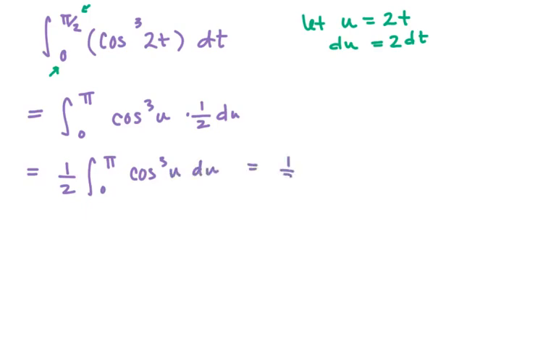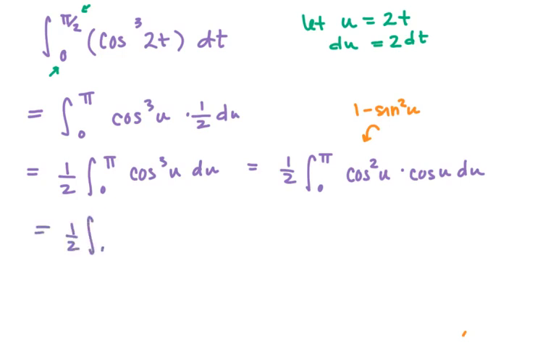In order to solve this, I'm going to write that as cosine squared u times cosine u du. Using some trig substitutions, I can let cosine squared u be 1 minus sine squared u. So this is now 1/2 the integral from 0 to pi of 1 minus sine squared u times cosine u du.